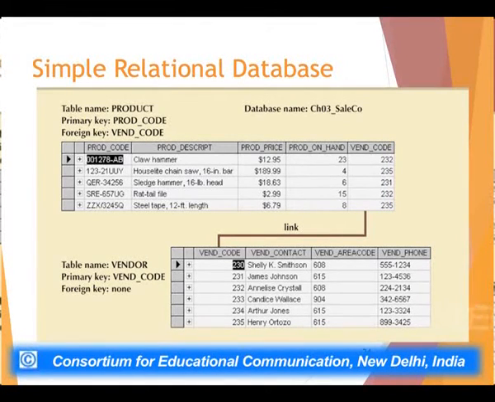An important thing to note here is that the vendor code column of the product table will only have those values which are there in the vendor code column of the vendor table. If the values do not match, there is a violation of the referential integrity constraint, and hence the database management system shall not allow that further.